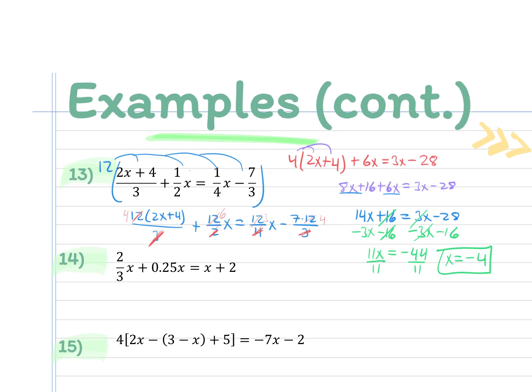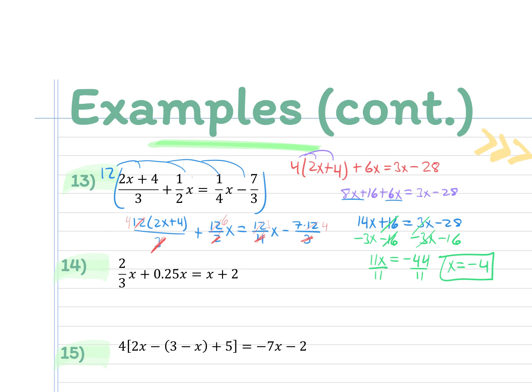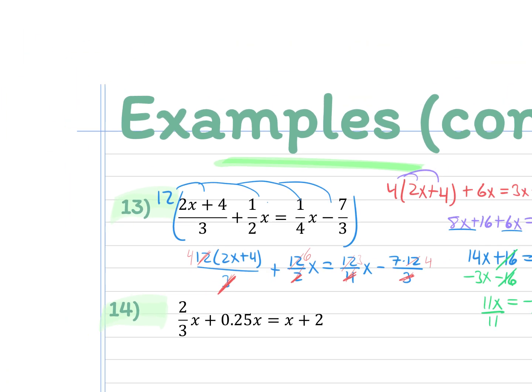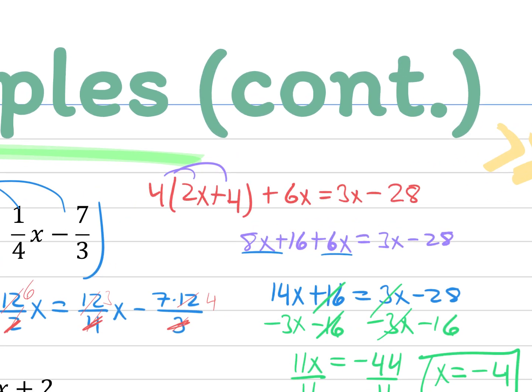So again, it looked really complicated in the beginning because we had all these fractions. But if you recognize that you need to multiply by the least common multiple of the denominators, then it gets rid of the fractions altogether. That made this a problem that we've been solving for the past couple problems, and it's super easy.